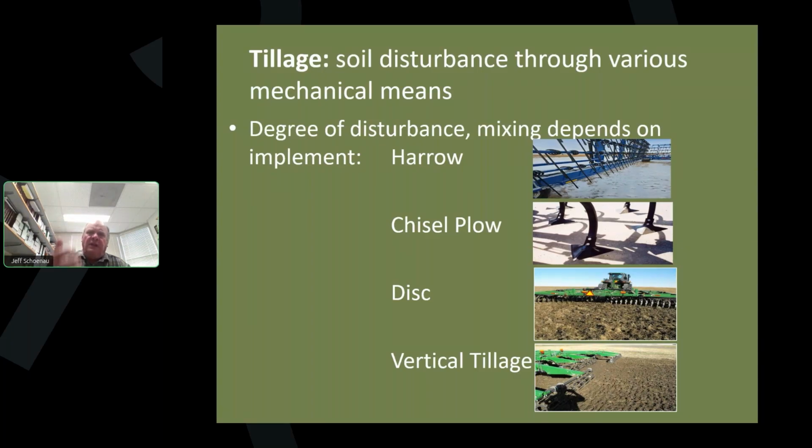Then we move down the list to something a little bit more intensive, which would be a chisel plow, which may or may not be followed by harrows behind it. Those sweeps create a kind of lifting action, as well as the edges, of course, being very effective in killing weeds. We move on to something like a disc, which is a little bit more aggressive. It does create more of a chopping, a mixing, and more burial of the residue.